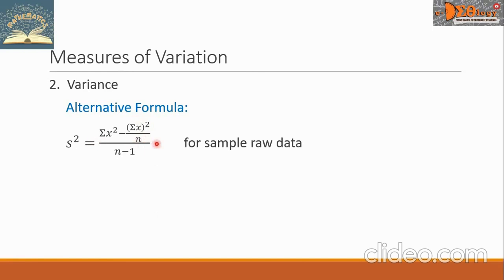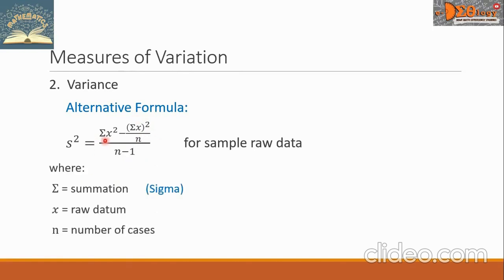And this is all under the denominator n minus 1. This is the summation. The x is raw datum, and the n is the number of cases.